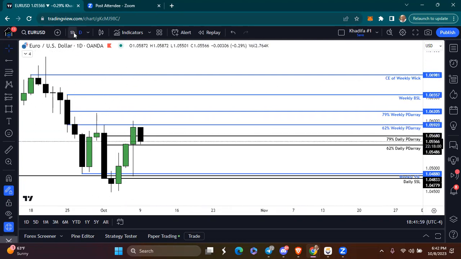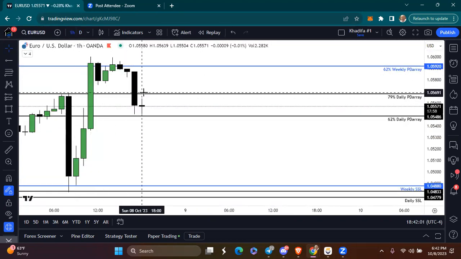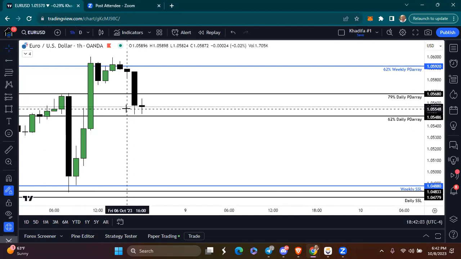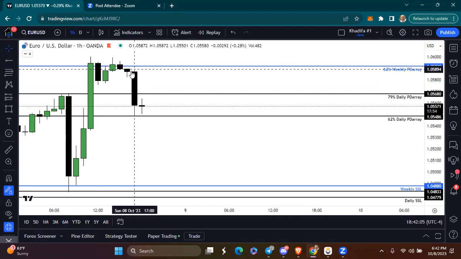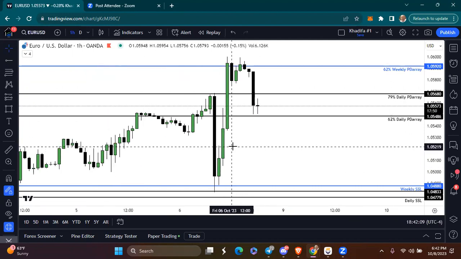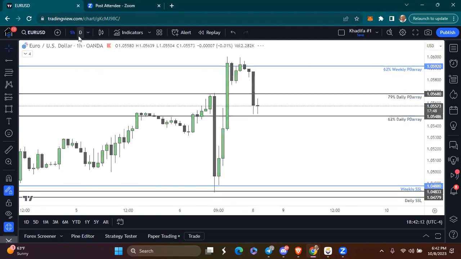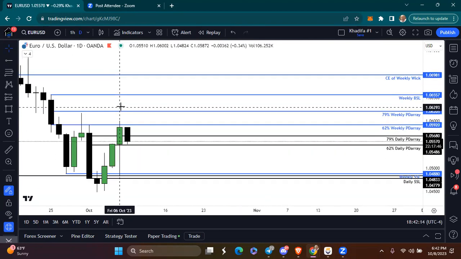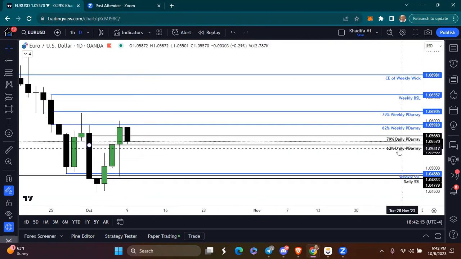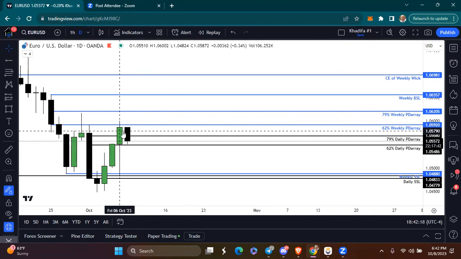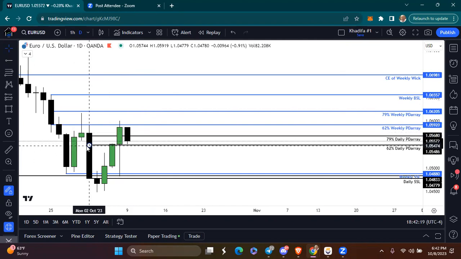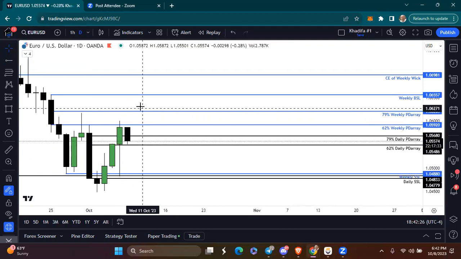We opened up to the downside, go to the hourly, right? Opened up to the downside, came back to retest the PD arrays that we broke through Friday, right? From Monday's price range, right? Came back down, kissed those levels.